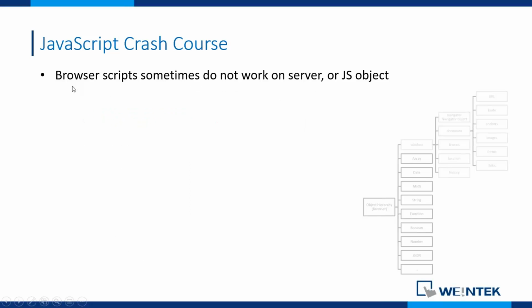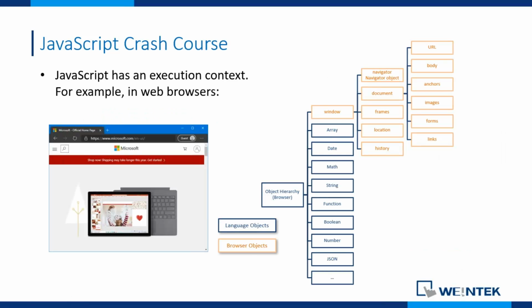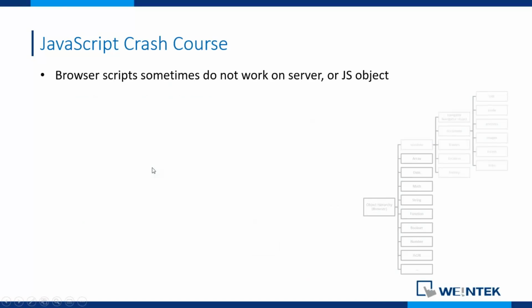The thing that most people will see for JavaScript is browser JavaScript. For browser JavaScript, they have window and document to operate things like the buttons, login pages, or images on a web page. But in JS object, we don't have that.